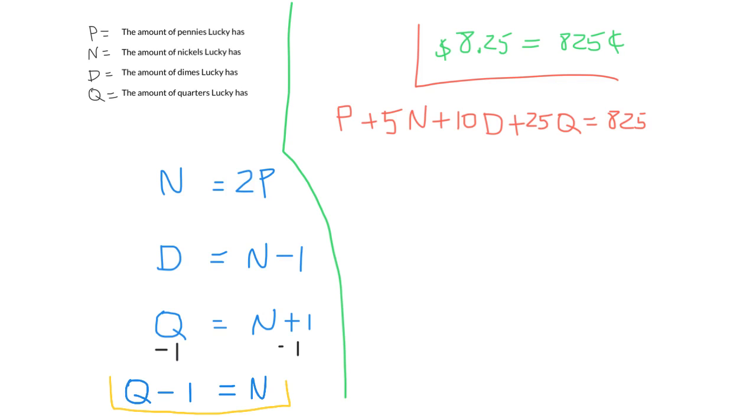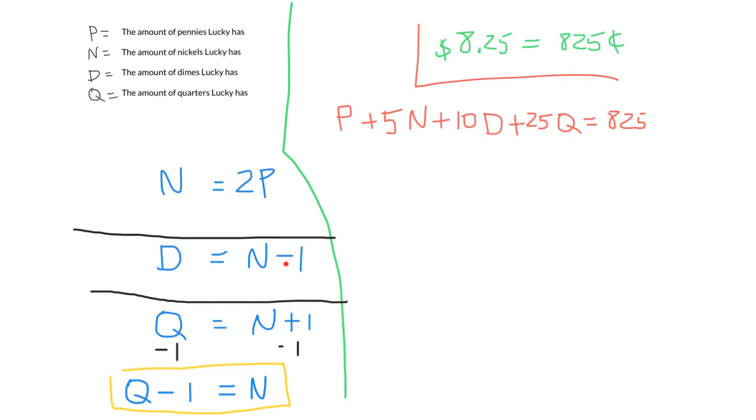That's an equation that we could definitely work with. Okay, I'm going to do little dividers here because we really have like 3 equations here. We're going to work with each one. But as it pertains to this first Q equals N plus 1, we could turn it into that, and therefore we know that N equals Q minus 1. So what that means is anytime I see an N, I can replace it with a Q minus 1.